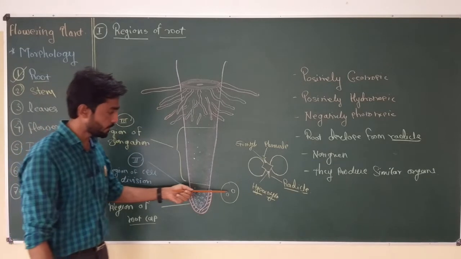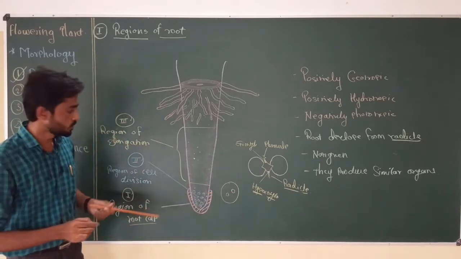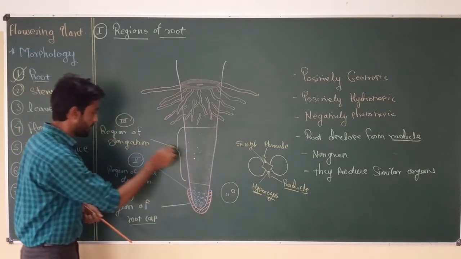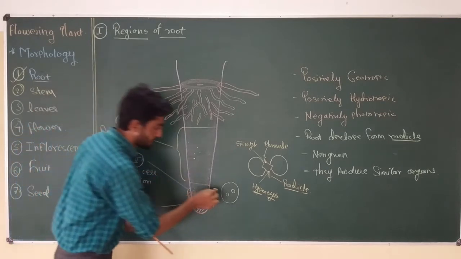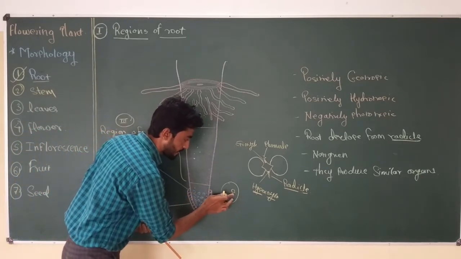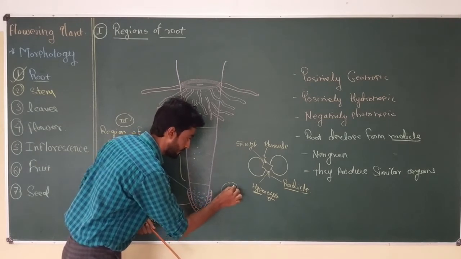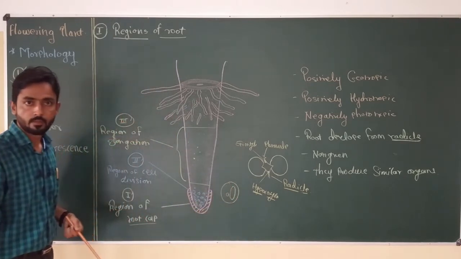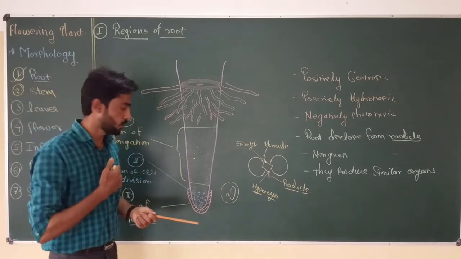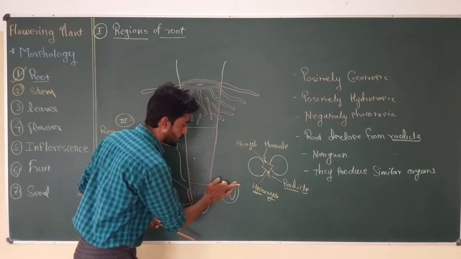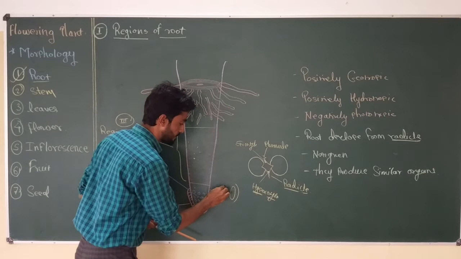Now we know that the membrane of the vacuole is called tonoplast. So after entry into the region of elongation, the vacuole starts to increase in length. The length of the vacuole continuously increases, and due to the increasing length of the vacuole, ultimately the cell also increases in length.